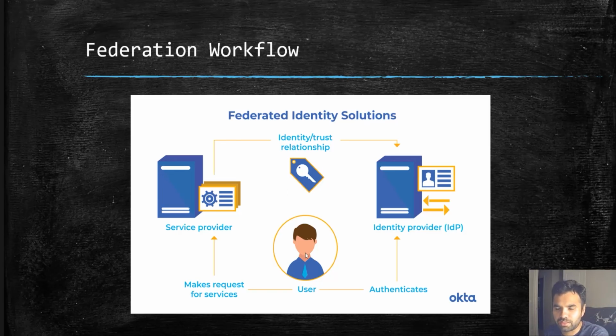and then let them access Gmail, and the service provider will let you use Gmail. Now suppose the user goes to SharePoint, and then SharePoint will redirect the user to the identity provider, but then the identity provider will say, oh, we already authenticated this user, I already have an identity for this one, so you don't need to authenticate again.